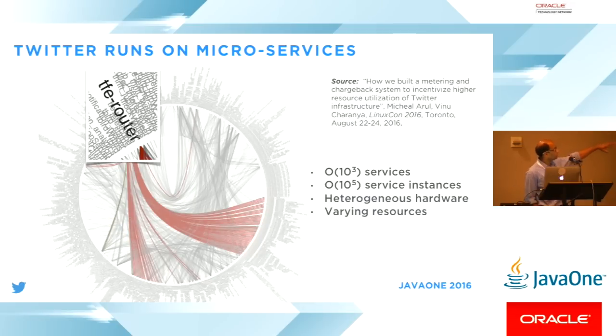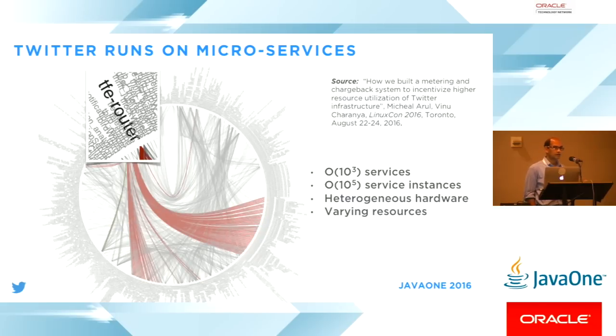Here I have a picture of all of the microservices that make up Twitter. At last count, there were over 1,000 microservices in the Twitter ecosystem. Each of these microservices is typically built out of several instances. The number of instances might range, for smaller microservices which have less load, maybe 10 to 15 instances.